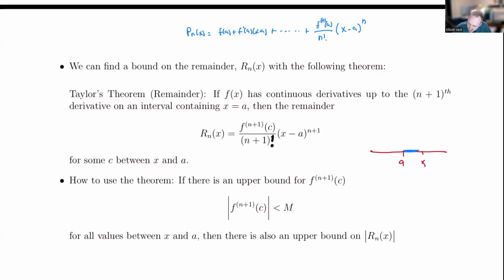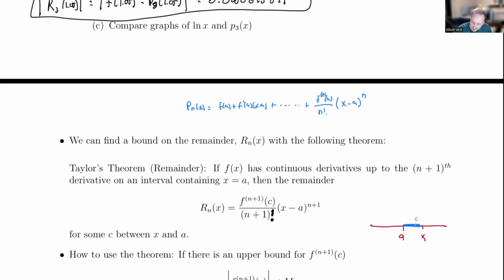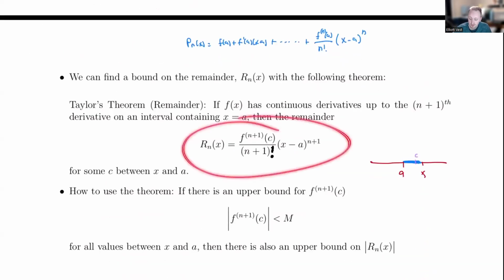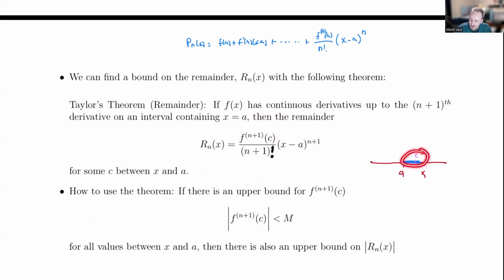There is some c from here to here. Let's maybe draw a purple c. That makes this equation true. That makes your remainder equal to exactly this, where you plug c into that n plus 1 derivative. However, since I don't know what that c is, and I can't figure out what that c is, figure out the largest value I can plug in this interval here.